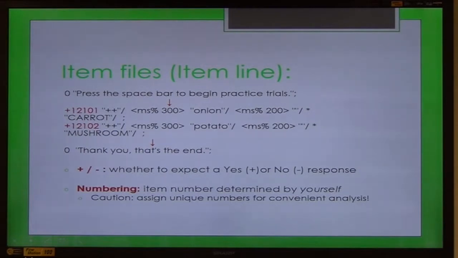And then the first three digits represent different conditions. So in this way, when you get your data at the end of the experiment, you can sort your data into different conditions, and then you can do some analysis. But if you don't do this numbering correctly at the beginning, it will be very difficult to sort your data after you have finished collecting your data.